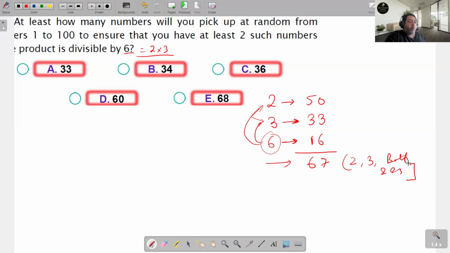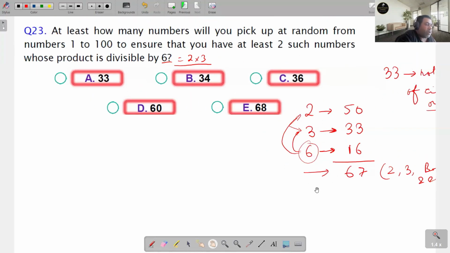So 67 numbers are either a multiple of 2 or 3 or both, which means there are 33 numbers which are not multiples of either 2 or 3. Let's say we have very bad luck and we pick up first all those numbers only.